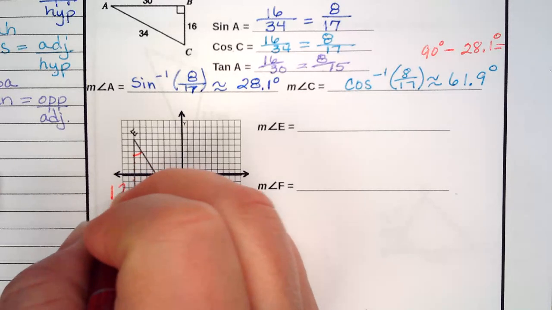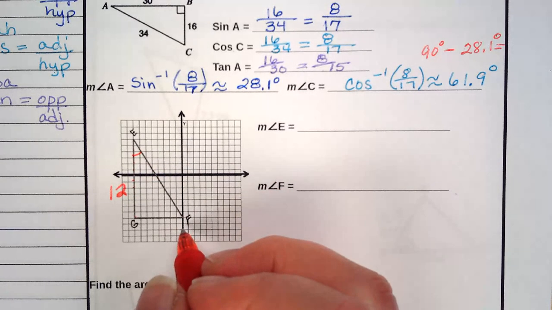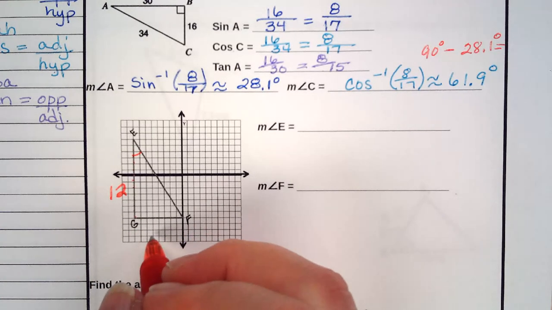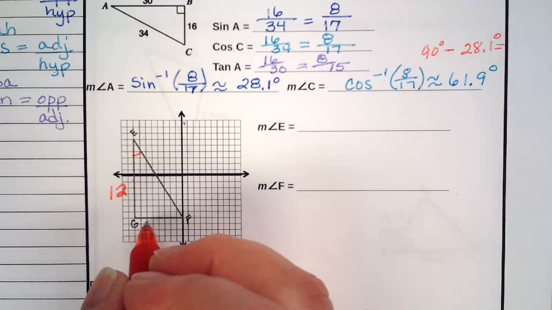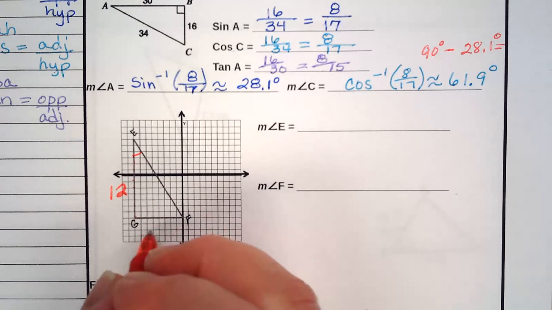So the length of this side is 12. Now, because I also want to know angle F, I'm going to count this side. I can't really do the hypotenuse without using the Pythagorean theorem. This one is 1, 2, 3, 4, 5, 6, 7, 8.